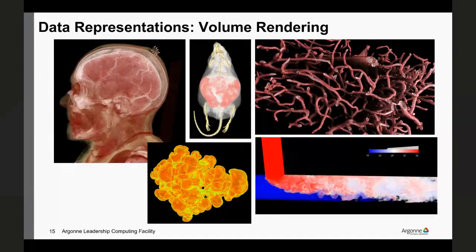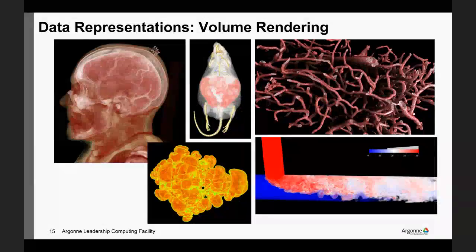In this case, you have a volume of data, and there's a number of different algorithms for doing this, but essentially the process is largely ray casting. So you cast rays through this volume of data and take samples along the way.